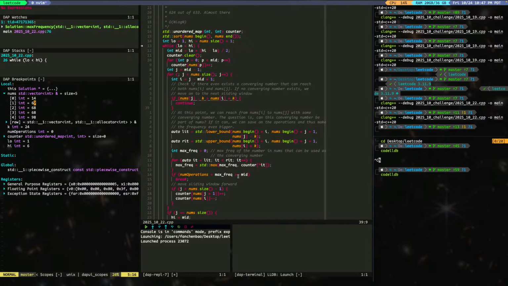So we have the range, right? And we say we want to turn this entire thing into one value, and then we're trying to see what's the max number of operations. So we have this, and then we want the number of operations to fit, because if we have that, we don't need more, right?